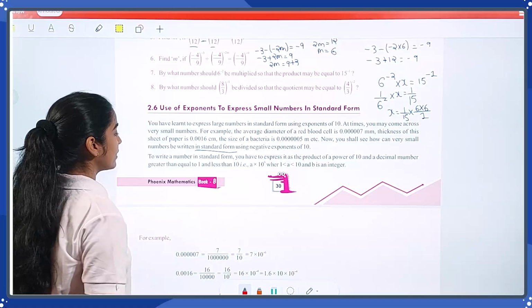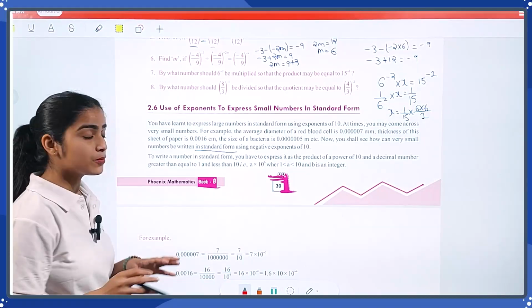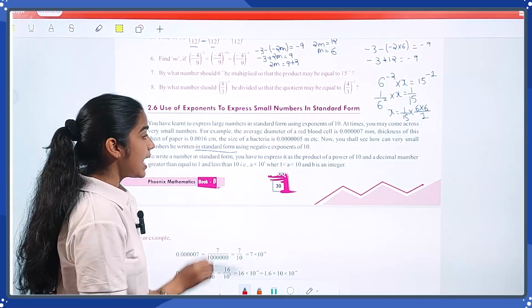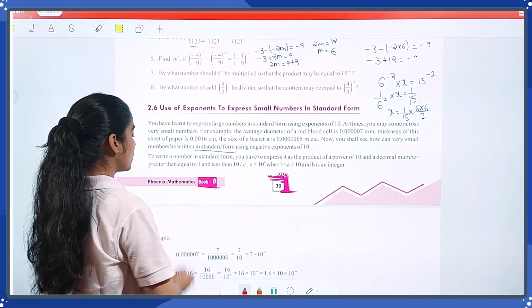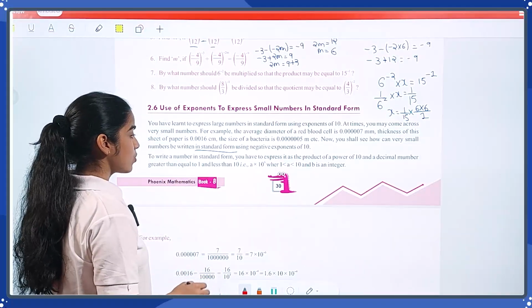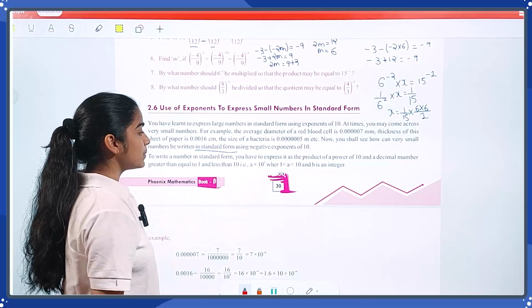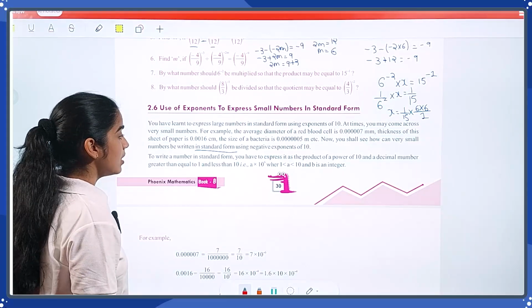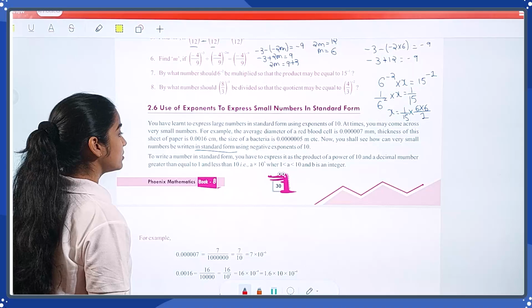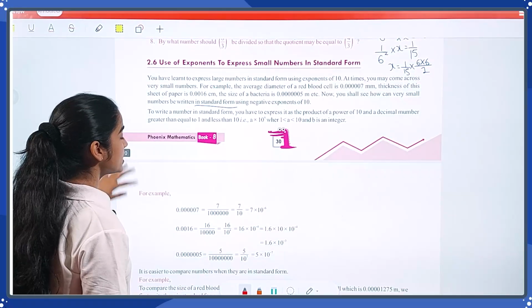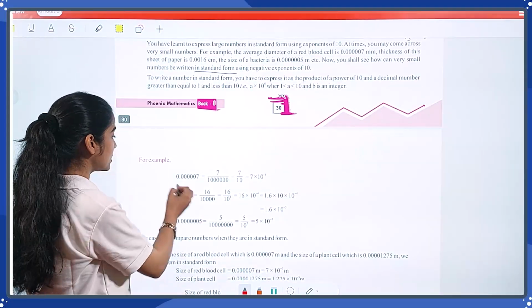To write a number in standard form, you have to express it as the product of a power of 10 and a decimal number greater than or equal to 1 and less than 10. So a multiplied by 10 to the power b, where 1 is less than or equal to a, a is less than 10, and b is an integer.